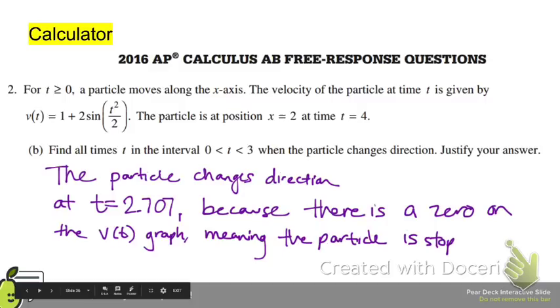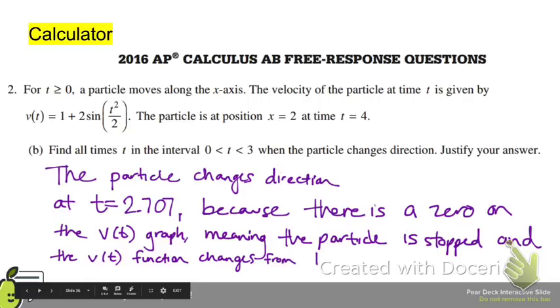And the velocity function changes from positive values. If you remember the graph, I won't go back to it because it'll erase what I'm writing, but if you remember the graph, it went from above the graph to below. It went from above the x-axis to below the x-axis.